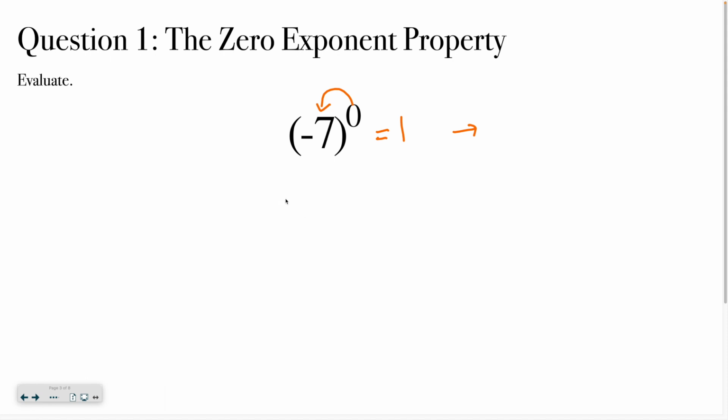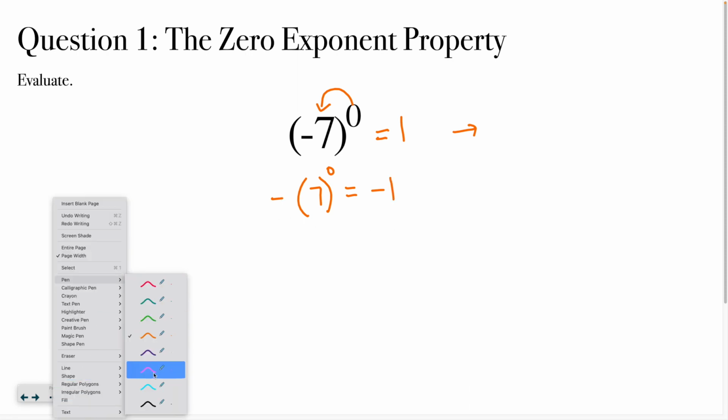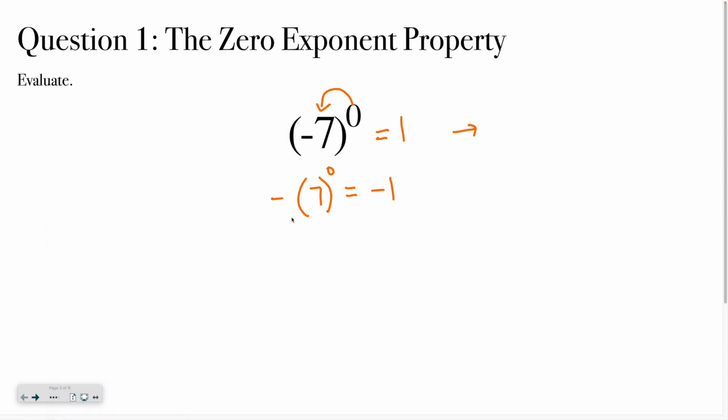Now, if we had a slightly different problem where I said negative and then in parentheses I had 7 raised to the 0 power, this would be an example of -1. And the reason for that is when you have a negative outside of parentheses and there's no number, there's like this little itty invisible 1.